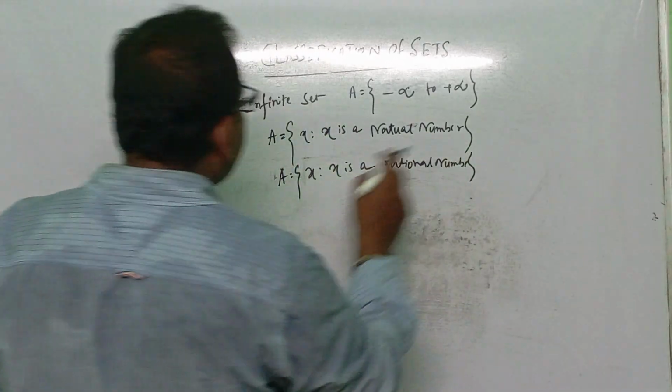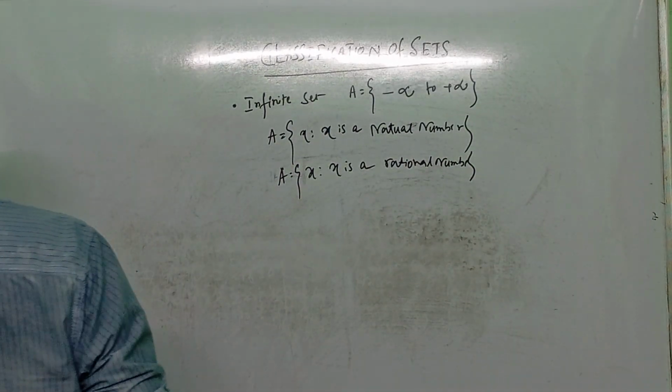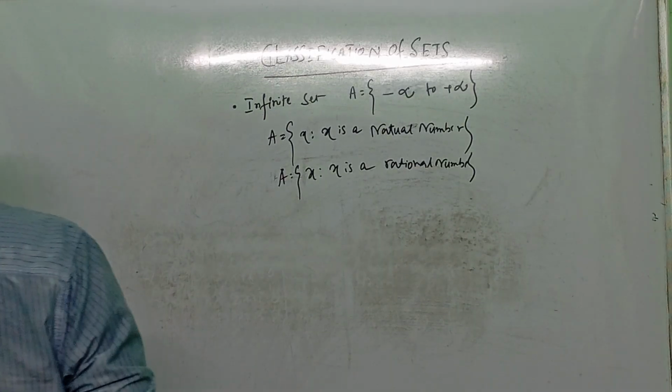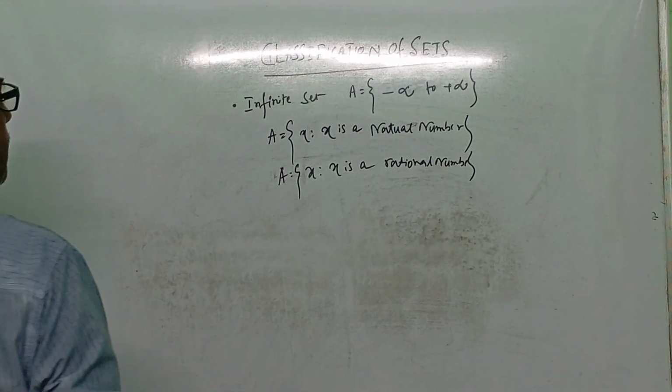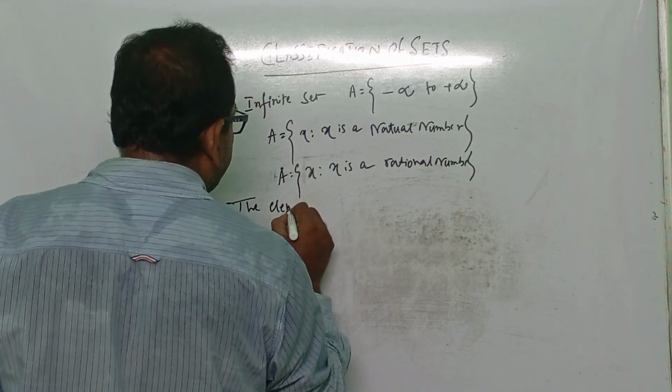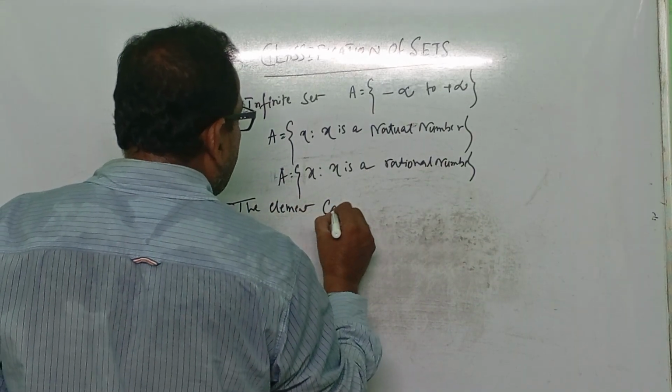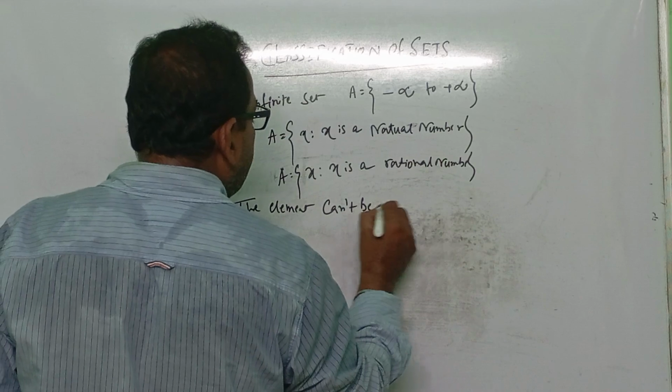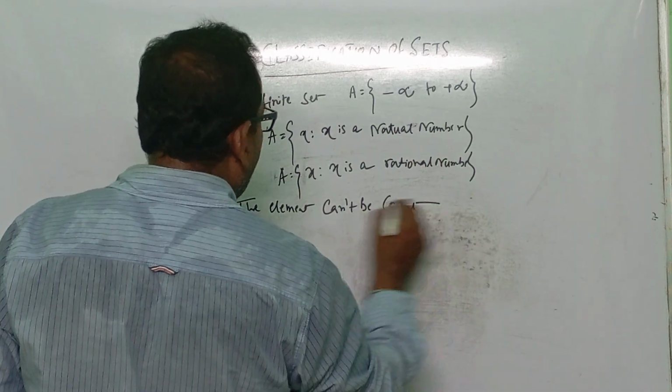If only the type of number is given, they are infinite sets. So what is an infinite set? The elements can't be counted.